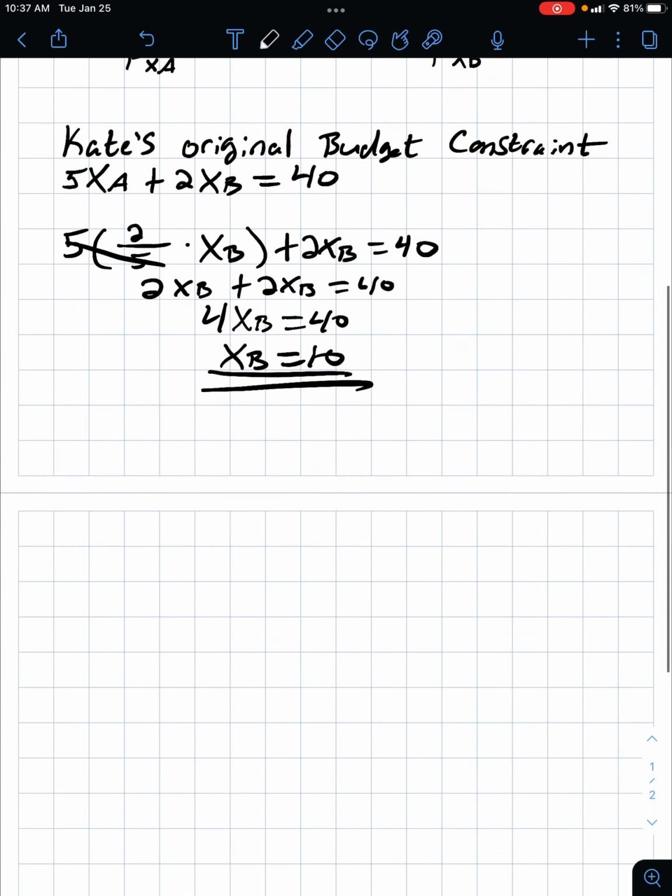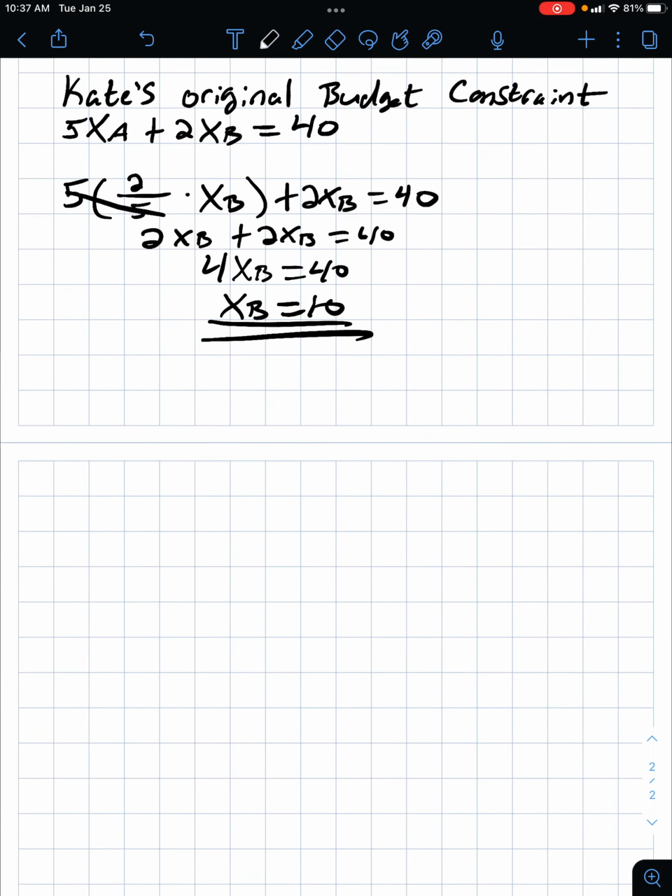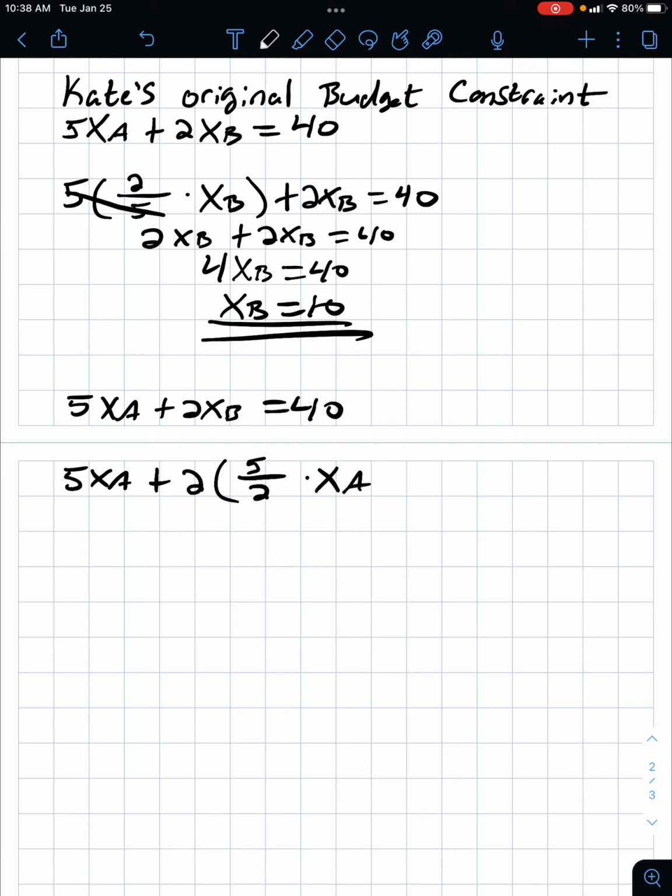Now let's solve for x of a. To solve for x of a, we have 5x of a plus 2x of b is equal to 40. So 5x of a plus 2, and then for x of b, we plug in our x of b demand equation, which will be the price of x of a, which is 5, over 2 times x of a, which is equal to 40.